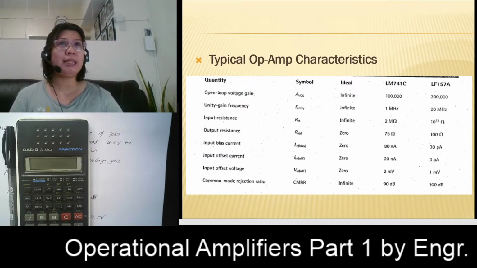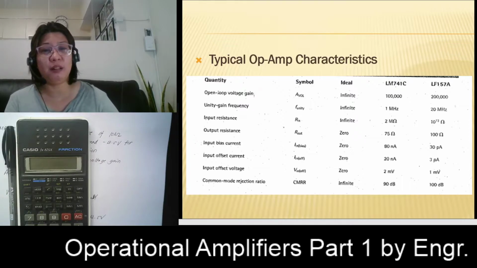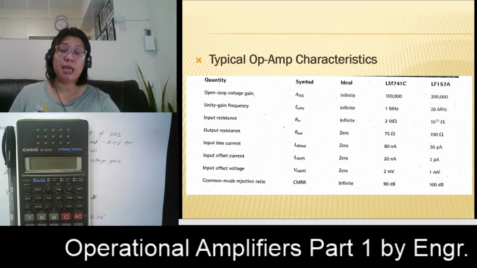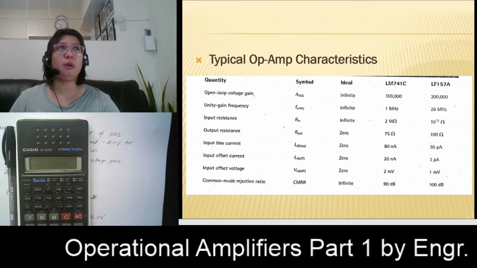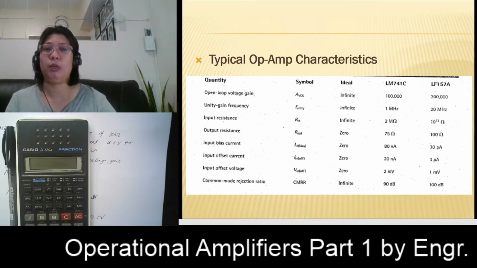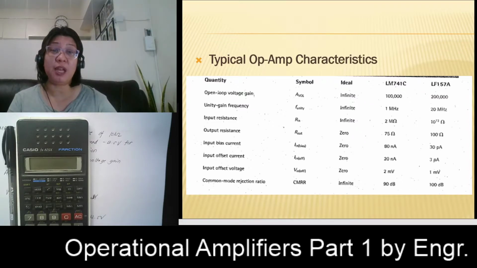This is not infinite like the ideal value, but 100,000 is such a big value for a gain. Usually when we talk about gain in our transistor amplifiers, we only encounter hundreds, and 100,000 here is high enough if not infinite.